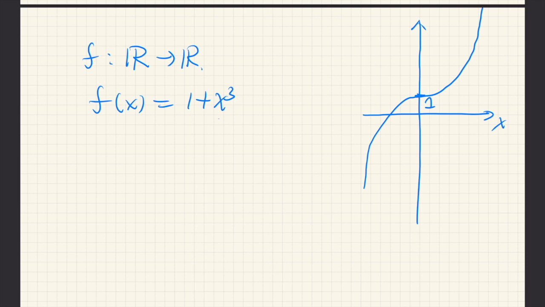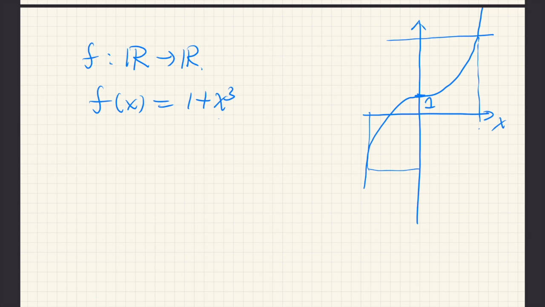So for every value on the y-axis, there is only one value of x that comes to it. Okay. So this is an injection, and this happens to be a surjection too, right?